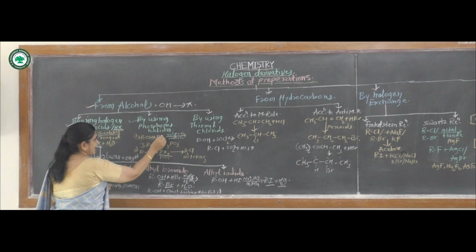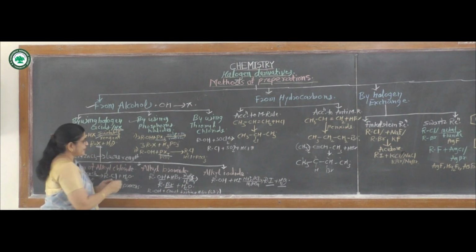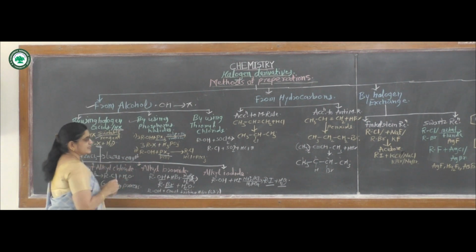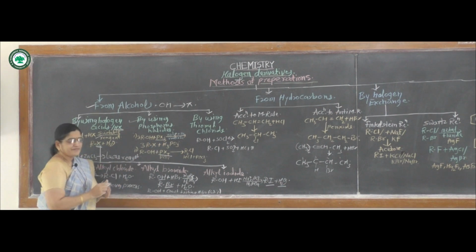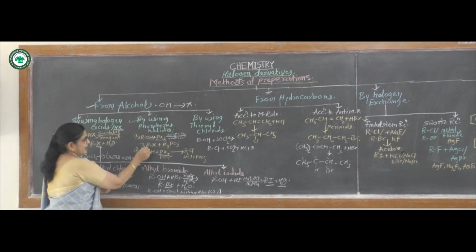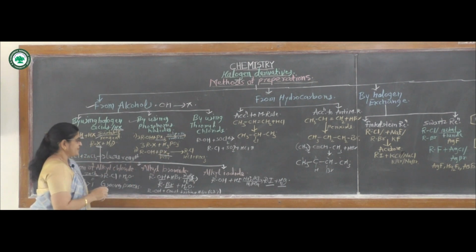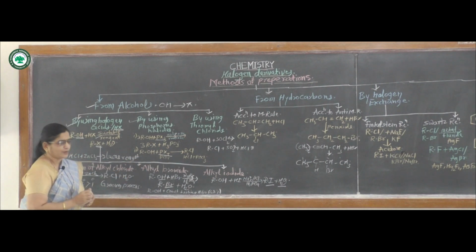In place of X here, if Br, it becomes phosphorus tribromide and gives alkyl bromide. If iodine, it becomes phosphorus triiodide and in this reaction it gives alkyl iodide plus phosphorus acid.